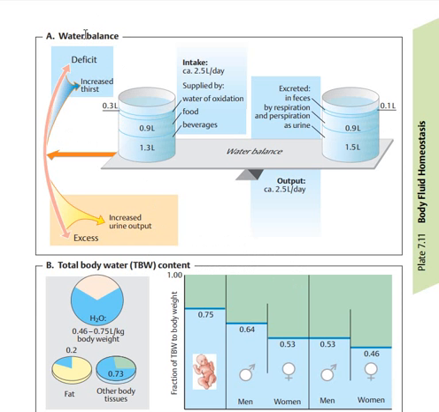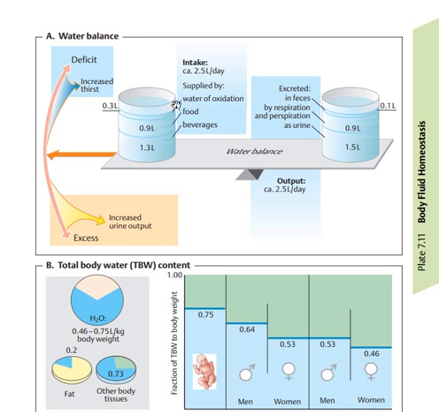Hello, in this tutorial we're going to see the body fluid components. What maintains the body fluid component is the intake of water and the outflow of water, the output of water. The intake of water occurs via water oxidation, which gives 0.3 liters of water.